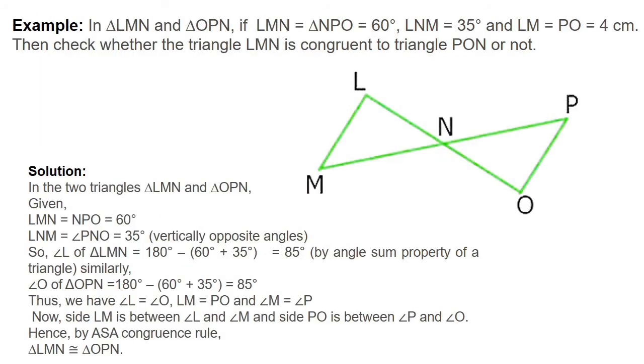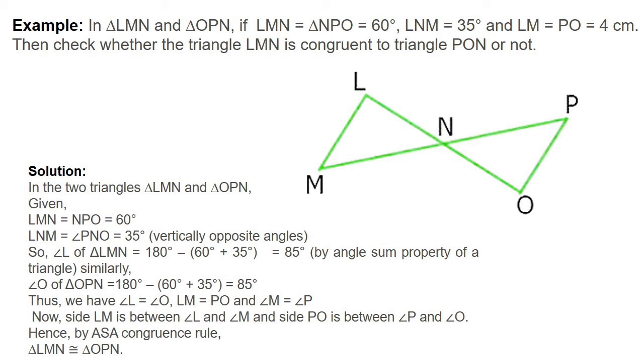Let's take an example. In triangle LMN and triangle OPN, if angle LMN is equal to angle NPO, which is equal to 60 degrees, angle LNM is equal to 35 degrees, and LM is equal to PO, which is equal to 4 centimeters, then check whether triangle LMN is congruent to triangle PON or not.